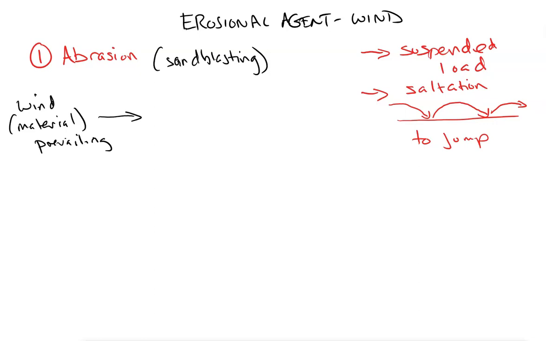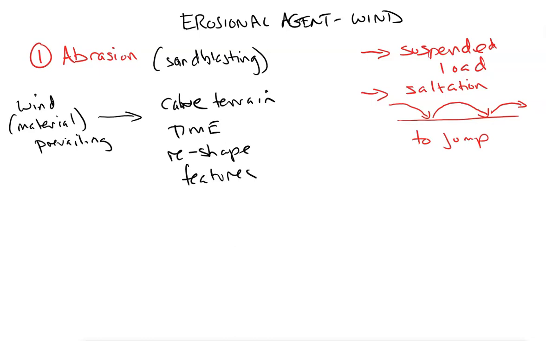But you have a consistent wind carrying this material, and one of the things that it does is it starts to carve its way through the materials and the terrain. And over a long period of time, it can reshape and create new features on the Earth's surface.